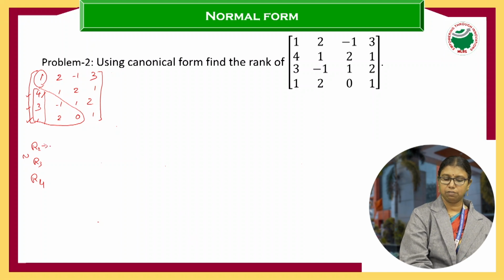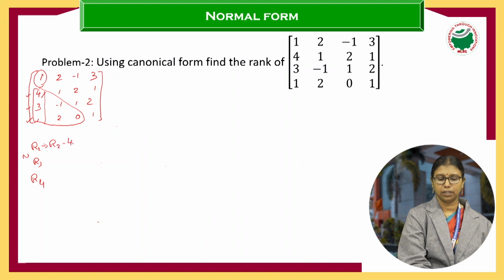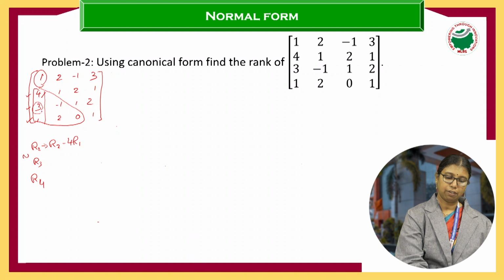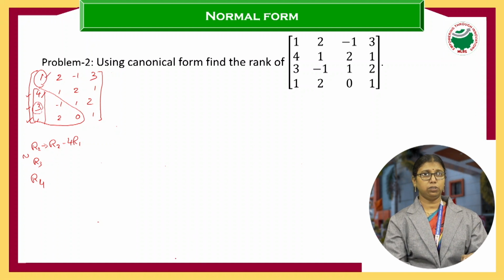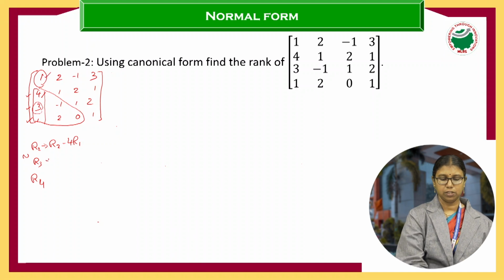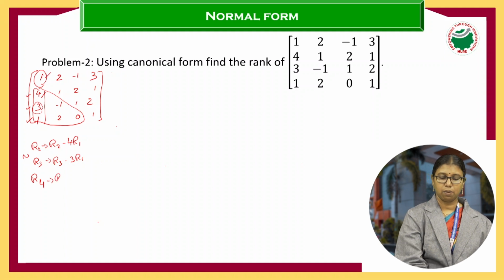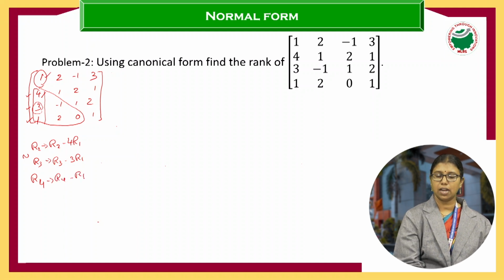That means the row operation for R2 is R2 minus 4R1. Next for R3, here I have 3 and in R1 I have 1, so you need to get 3 in the first row. That means the row operation is R3 minus 3R1. Next for R4, here I have 1, here I have 1, so the row operation is R4 minus R1.